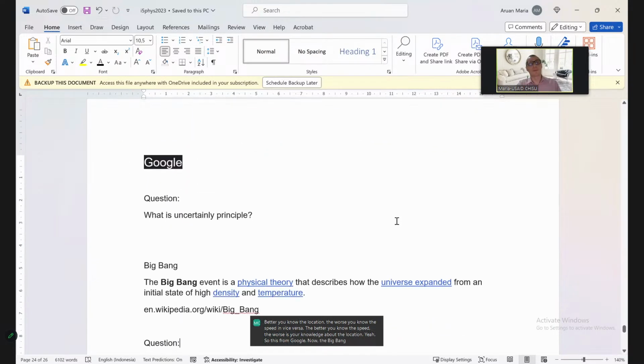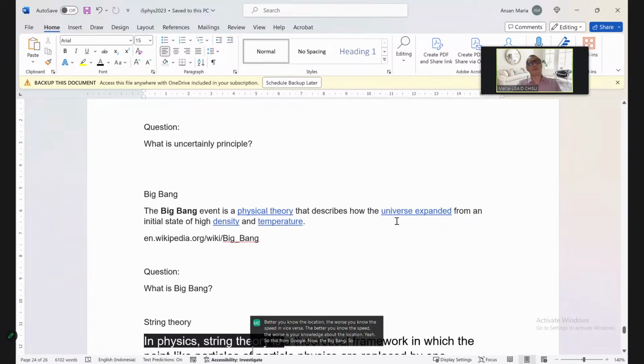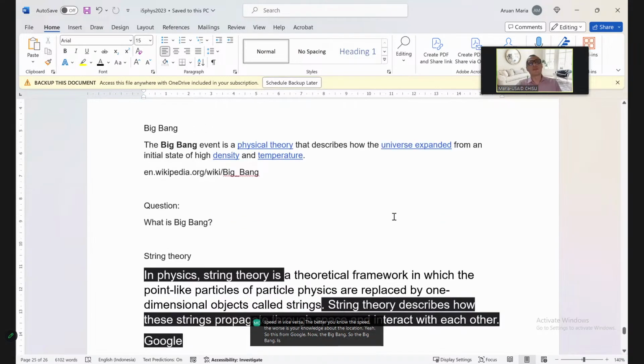The Big Bang. The Big Bang is an event in physical theory that describes how the universe expanded from an initial state of high density and temperature. And that's from Wikipedia.